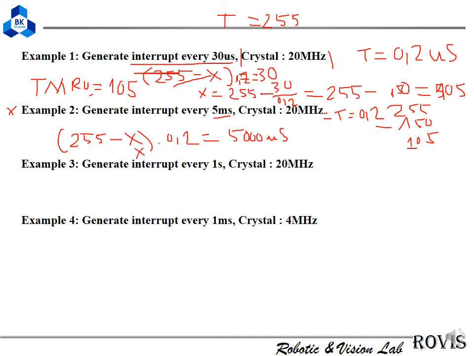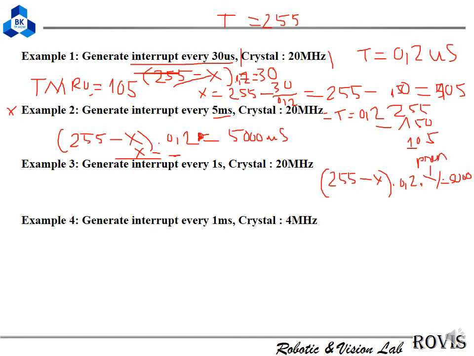When we use this formula, x will be negative, so we cannot do it. That means we have to add the prescaler here. So the full equation becomes: (255 - x) multiplied by 0.2 multiplied by y equals 5,000.